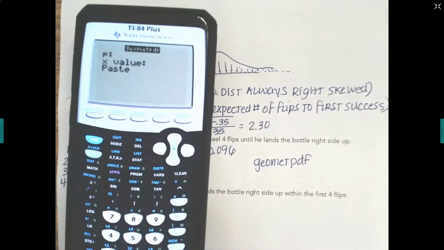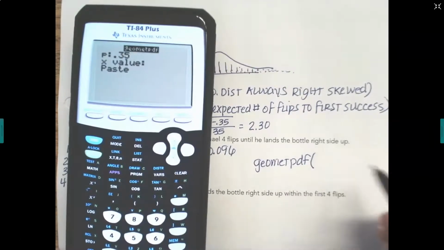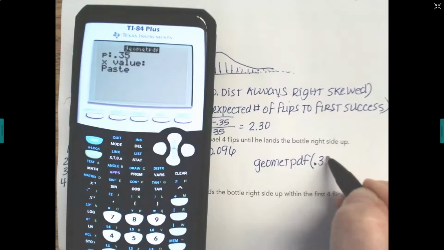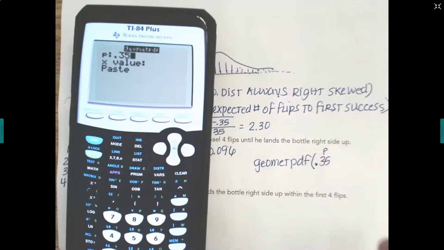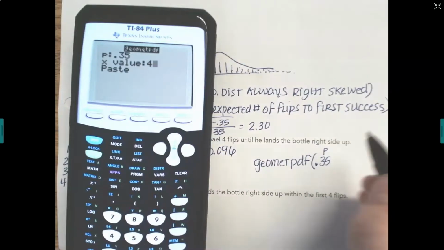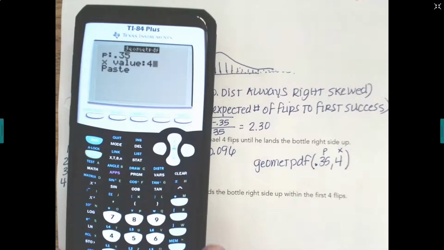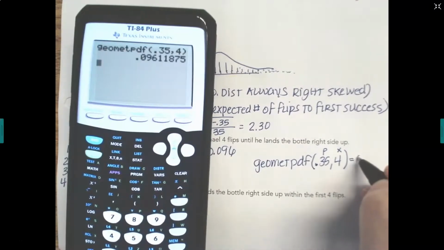It asks us for our p-value, which is 0.35. That's the probability of success. So I'm going to put my parenthesis, 0.35, and I'm going to label it with p. The exact trial that I'm wondering about is trial number 4. That's my x value. Press enter, and look, we got the same answer, 0.096.